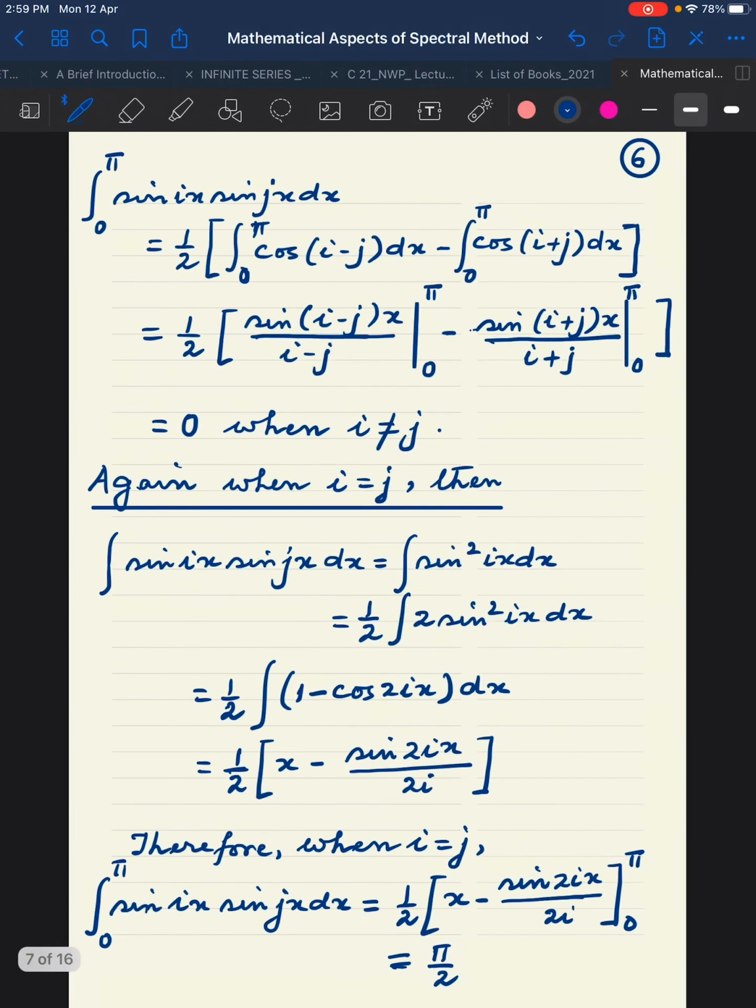Just a minute, I have missed the x here, sorry. Please correct it in your PDF file.